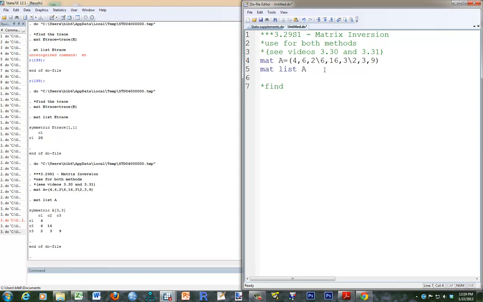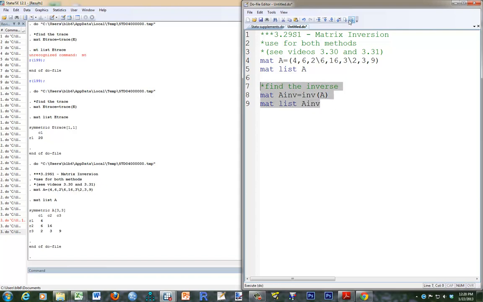Now we want to find the inverse. So it's pretty simple. Let's do matrix inverse to indicate that that's the inverse of A. And what you do is type INV for inverse. And let's list that here.